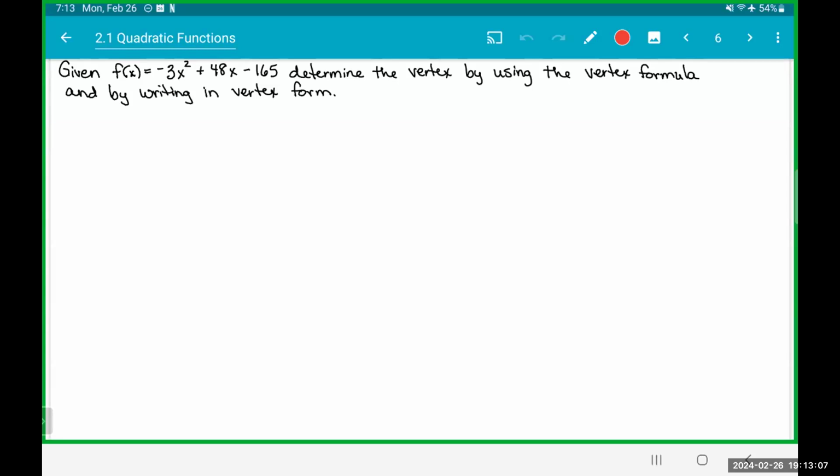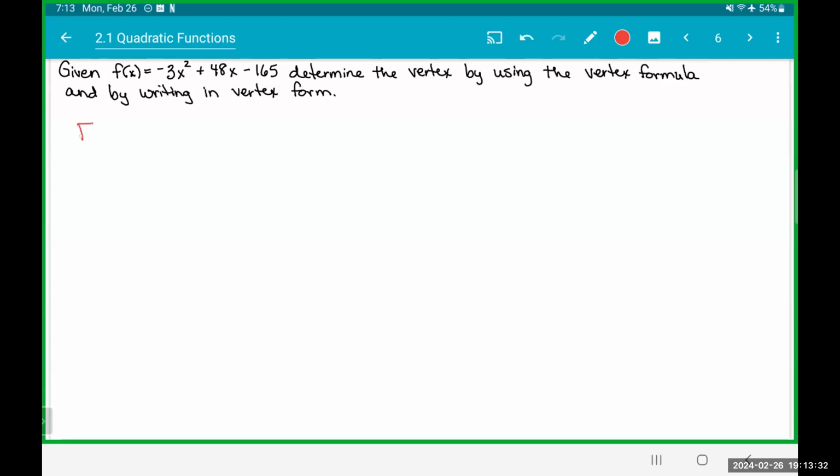On the exam, you'll see one of these questions that says use the vertex formula, and if you don't show the work, the formula, you won't get credit. It'll be testing that you understand that concept.